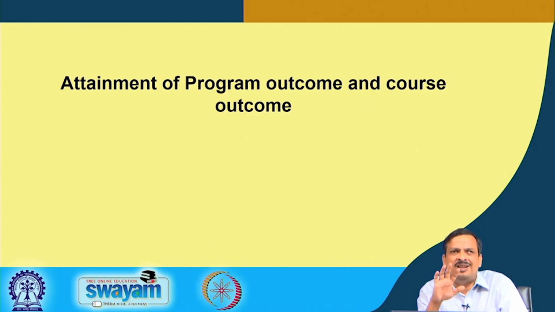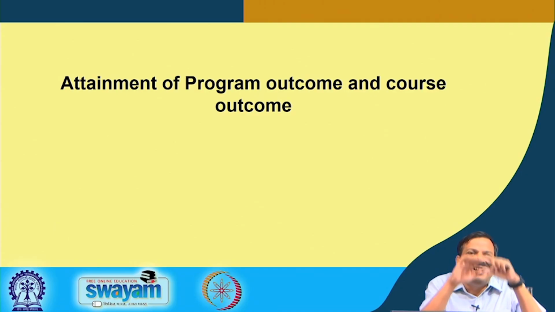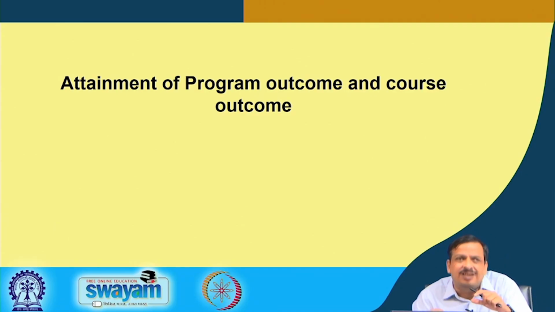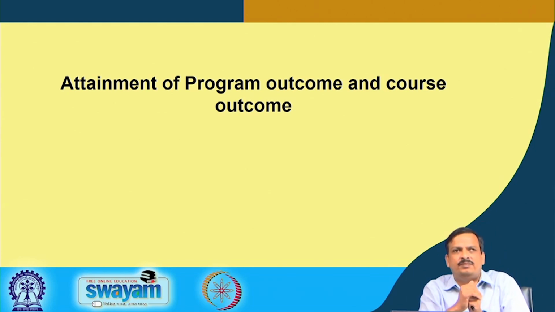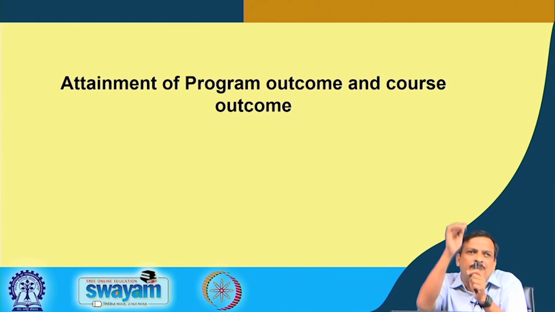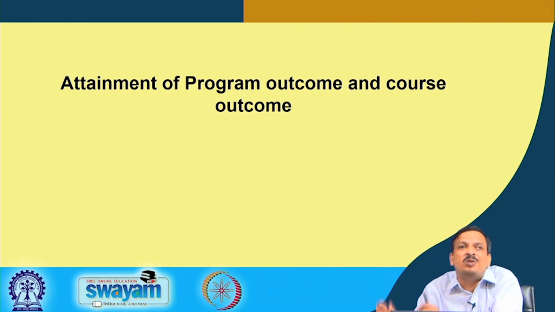So, understand, attainment means we are analyzing how much of the given target the student has attained: out of the given target, how many students attain that target, or out of the given targets, how many targets a student has achieved.